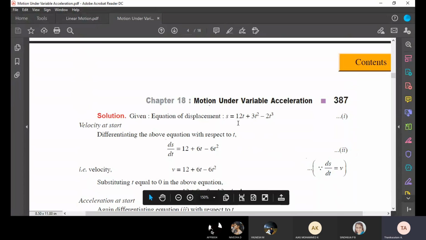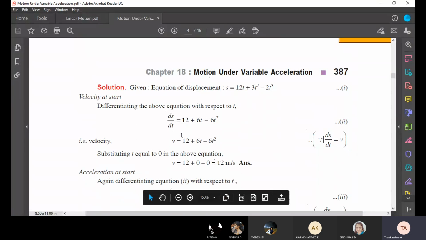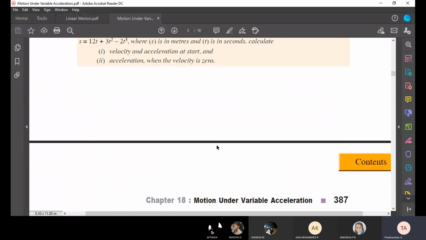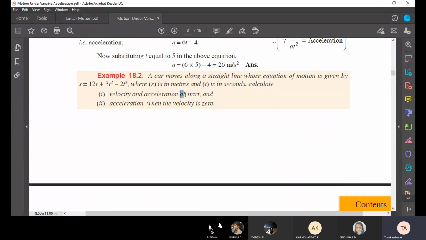So differentiation: 12t differentiation is 12. 3t square differentiation is 6t. Minus. What is 2t cube differentiation? 6t squared. So velocity equal to 12 plus 6t minus 6t squared.